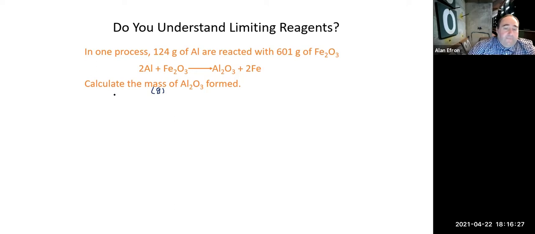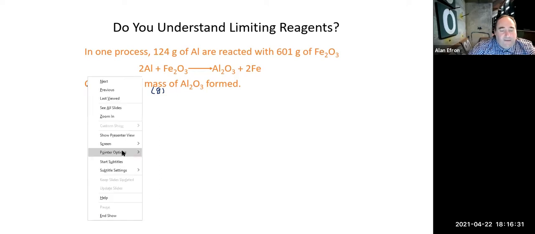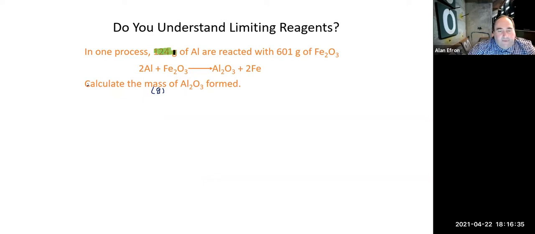First off, I know this is a limiting reagent problem because if I look at the information given to me in the problem, I have 126 grams of aluminum. That means I can figure out how many moles of aluminum I have. I have 601 grams of iron(III) oxide, which means I can figure out how many moles of the other reactant I have.